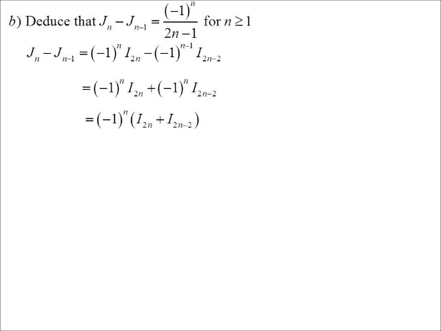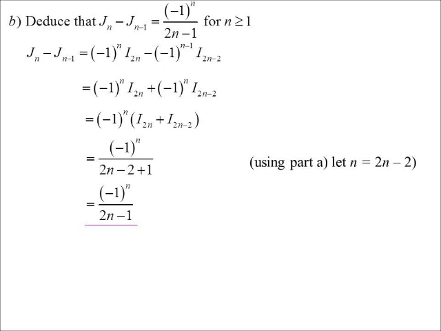Pull out that common factor of minus 1 to the n, and inside the parentheses I have I 2n plus I 2n minus 2. So I've got I, and the difference between the subscripts is 2. We just created a formula for I where the difference between the two subscripts was 2. So the answer, when we added those two things together, was 1 over n plus 1.